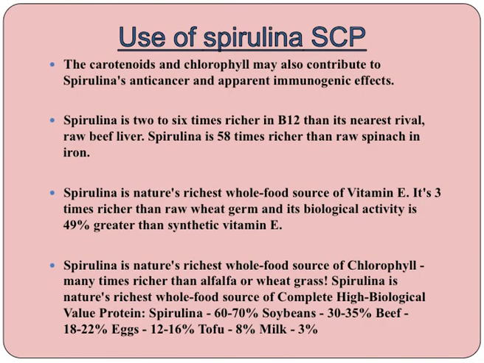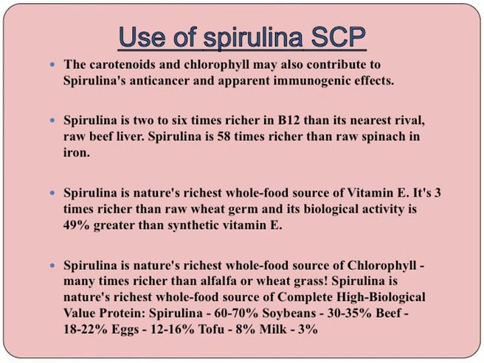Spirulina is nature's richest whole food source of vitamins, 3 times richer than raw wheat grains, biologically active, with 49% greater vitamin value. Spirulina is many times richer than alfalfa or wheatgrass.